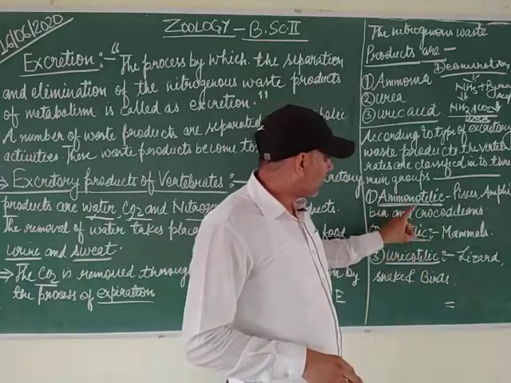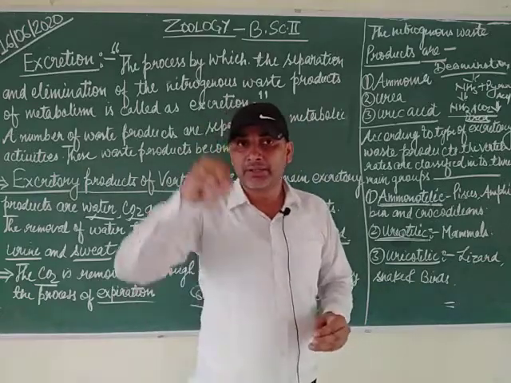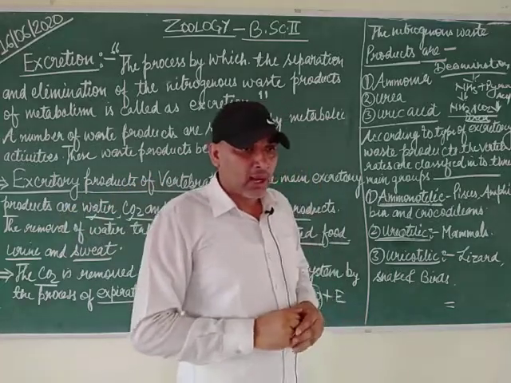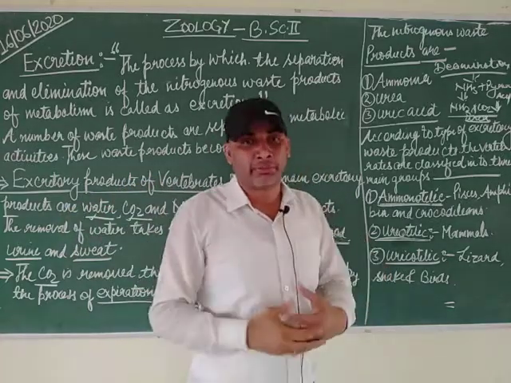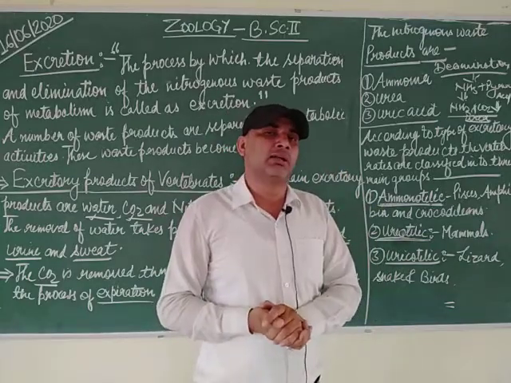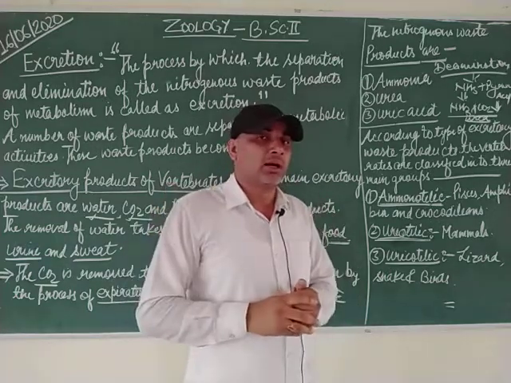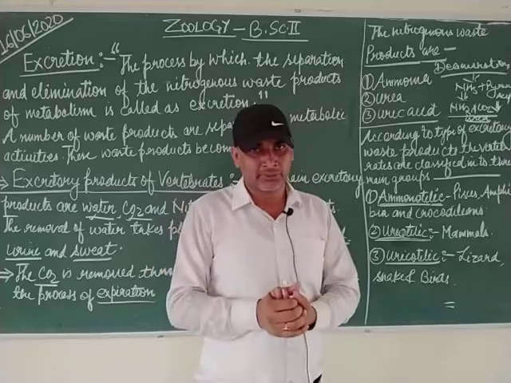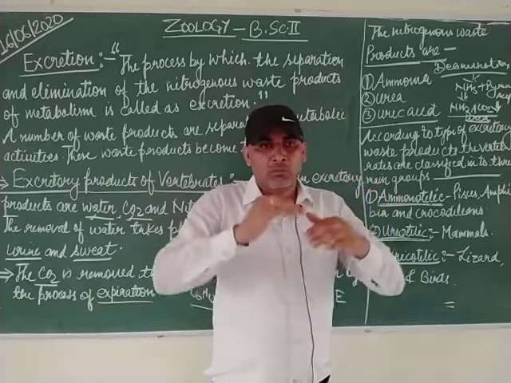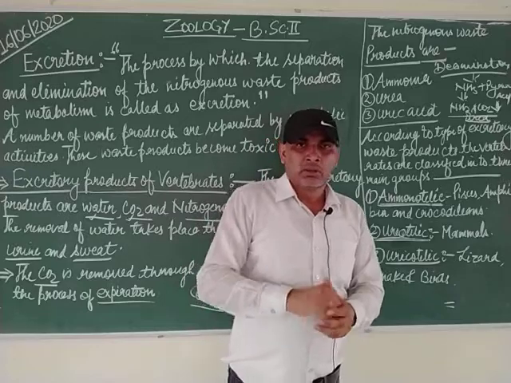That means the habitat of ammonotelic animals is water bodies, and ammonia is a more toxic substance. Animals living in water excrete ammonia as their nitrogenous waste product, and they have access to a lot of water for removing ammonia from the body.